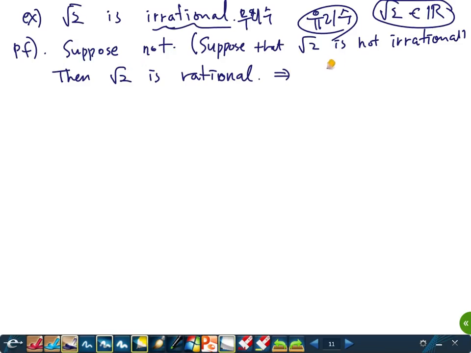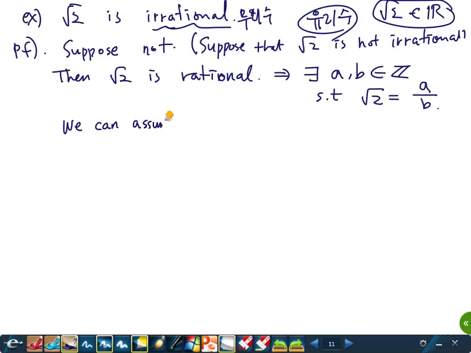That means there exist, I'm going to use the shorthand, a, b integers, such that square root of 2 equals a over b. This is the definition of a rational number, right? Now we can assume that GCD of a, b equals 1.